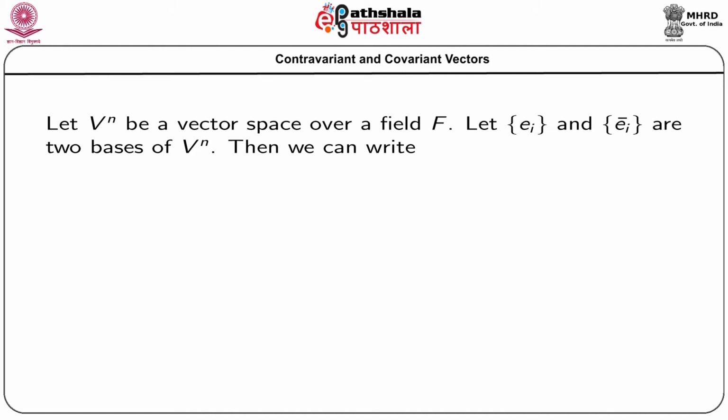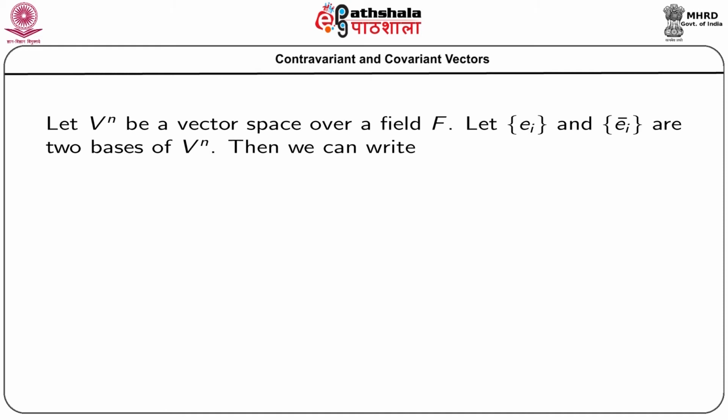So, let V_n be a vector space over a field F. The field may be the set of real numbers or complex numbers, whatever it may be, and let E_i and E bar_i be two bases of this vector space. We know that in a vector space there are infinite number of bases.